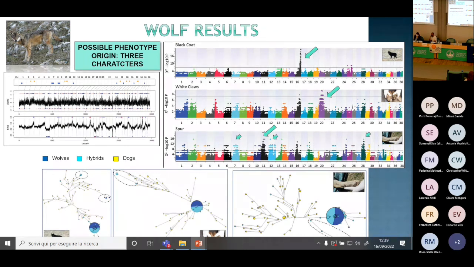The associated haplotypes to these three anomalous phenotypes were confirmed to be clearly dog-derived. However, we cannot consider them direct indicators of hybridization because they were found mostly in individuals dating back as admixed to the fifth generation in the past.